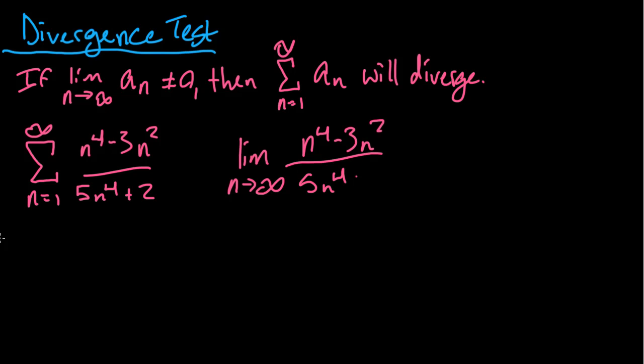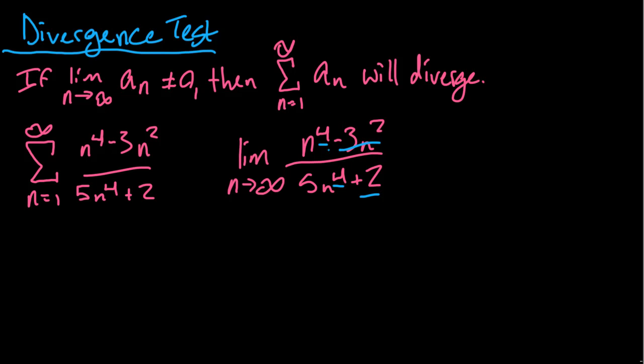Now, we know how to do this by this point. If we're onto series, we know how to find limits as they approach infinity, because we're going to look at our highest degrees, right? We're going to look at our n to the fourths here, because as n gets gigantic, as n gets closer and closer to infinity, these other terms, 3n squared and plus 2, they're not going to matter as much. They're going to be dwarfed compared to 5n to the fourth and n to the fourth.